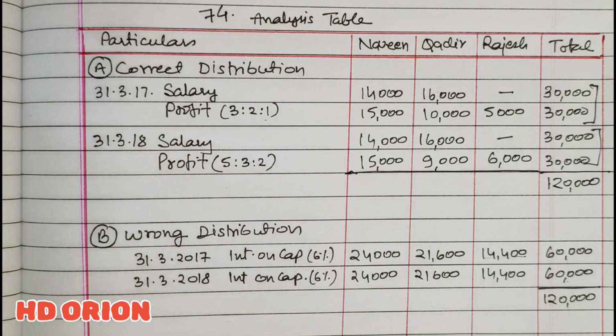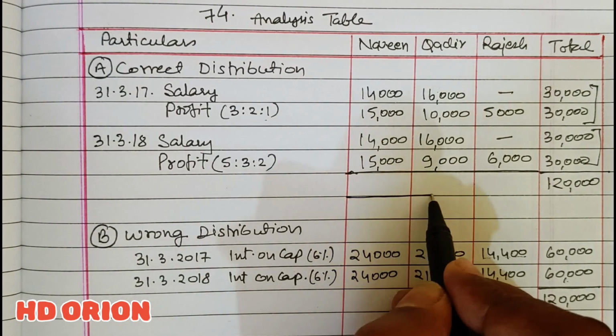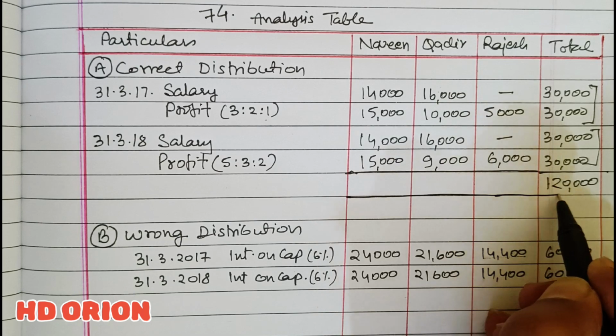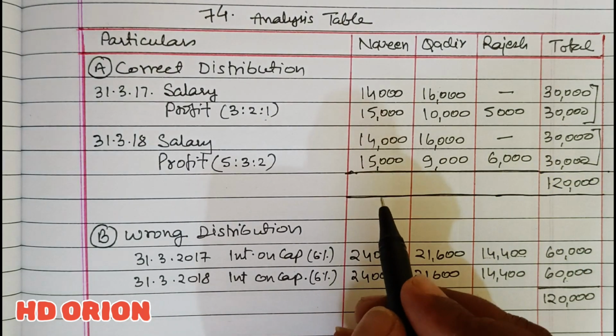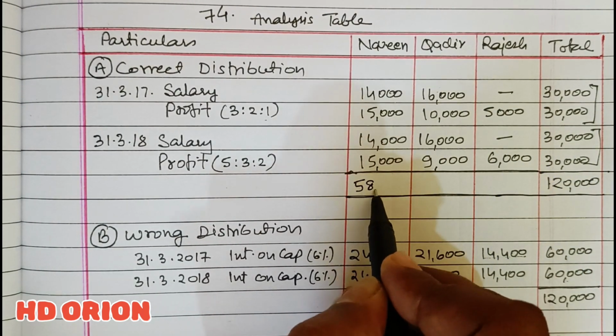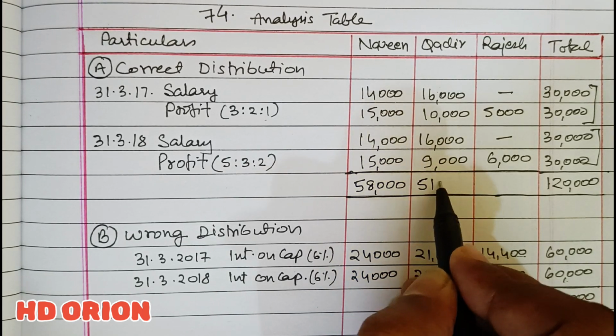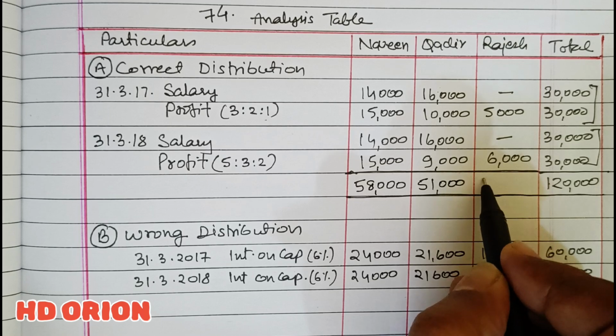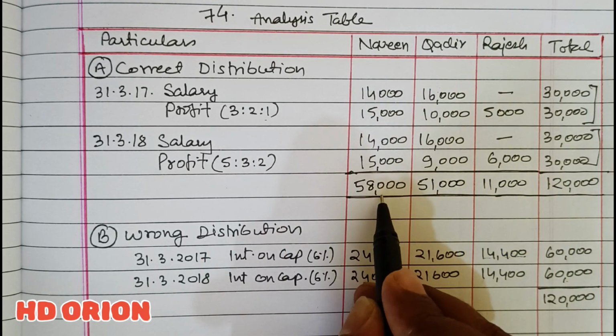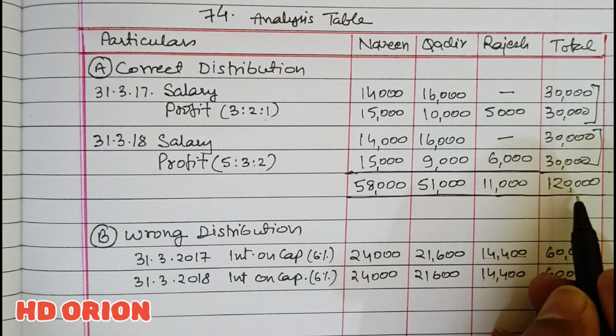Fine. So Naveen was supposed to receive rupees 58,000 and Kadir rupees 51,000 and Rajesh rupees 11,000. Even if you add this way, you will get 1,20,000.